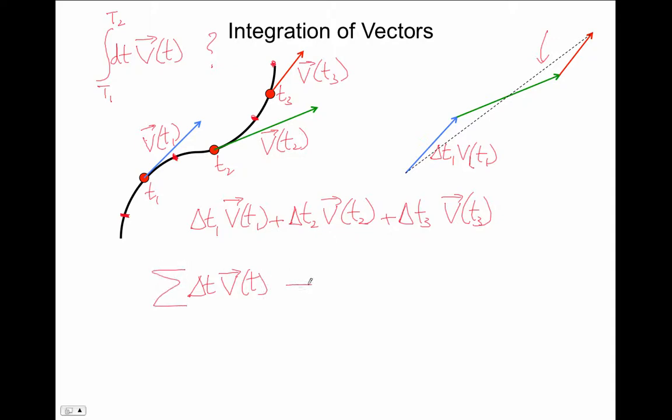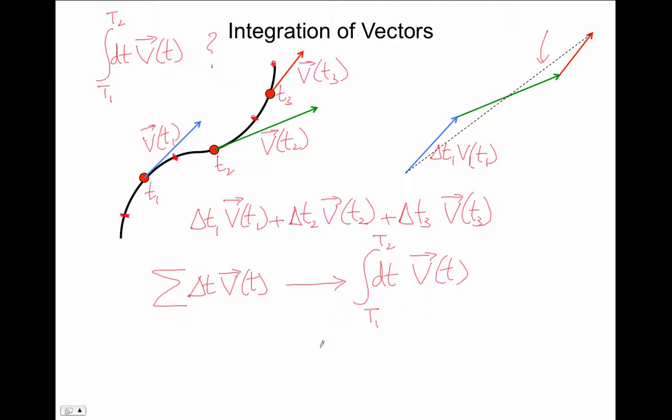The result of this, in the limit that delta t goes to 0, will be the integral of v of t, and of course the integration limits can be from anywhere to anywhere. Now that's the meaning of the integral of this vector-valued function.